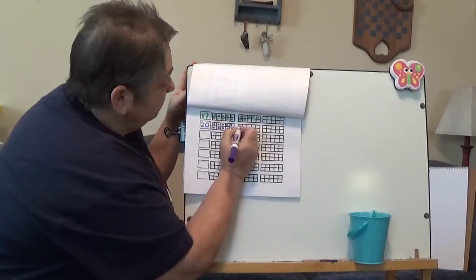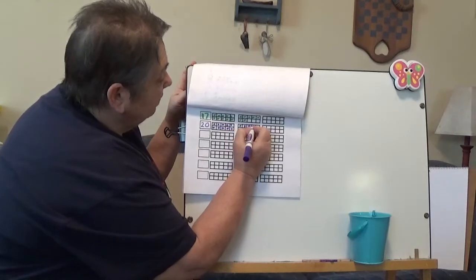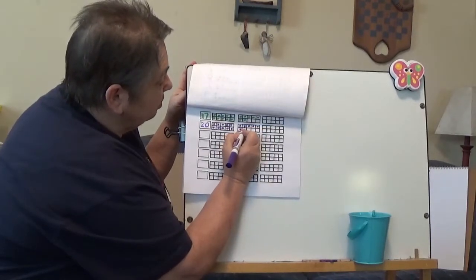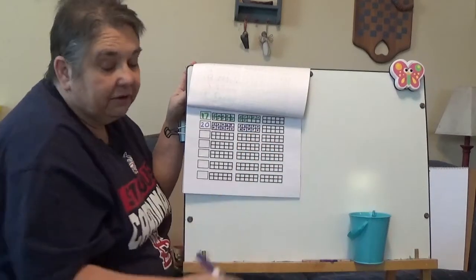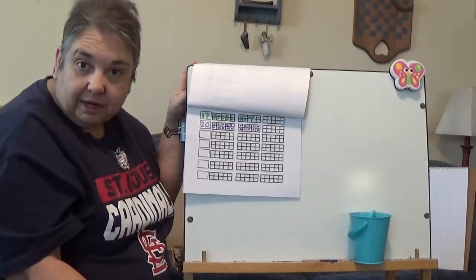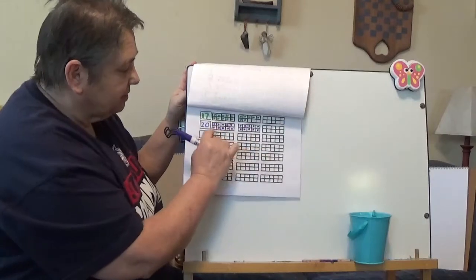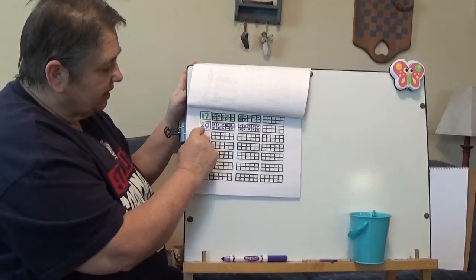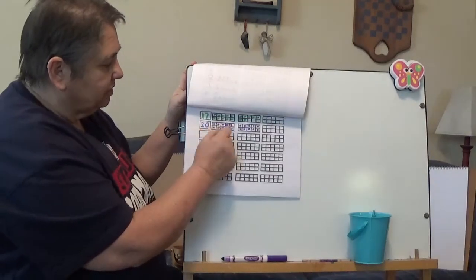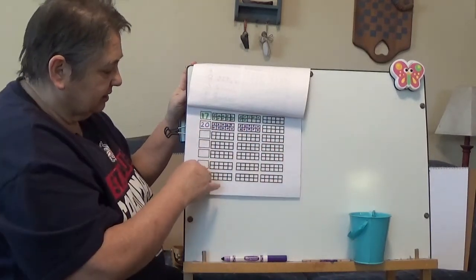Another 10 frame. Don't have to count that one either because I know that the whole thing is 10. And then what? Then I'm done. 2 10 frames is 20. And that's exactly what this shows. 2 10 frames and 0 more. So we have 2 10 frames and 0 more.